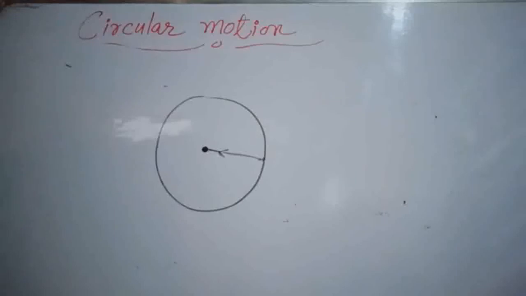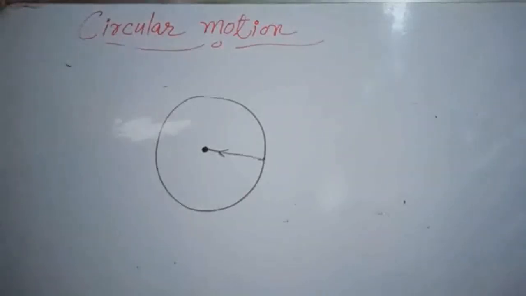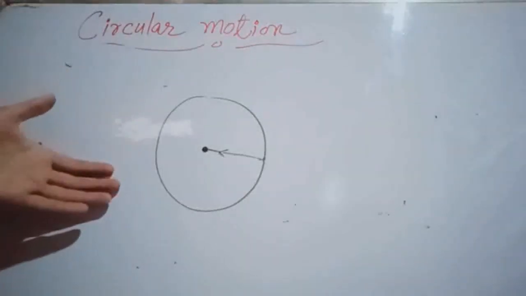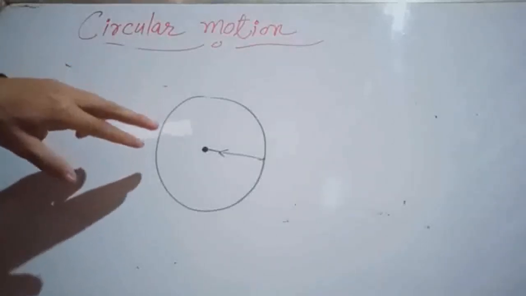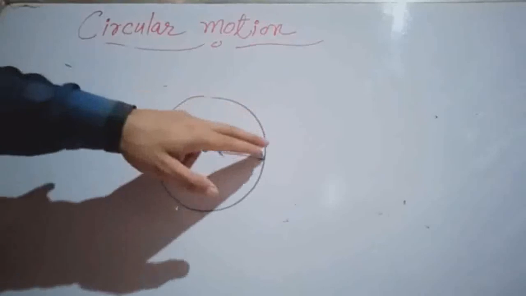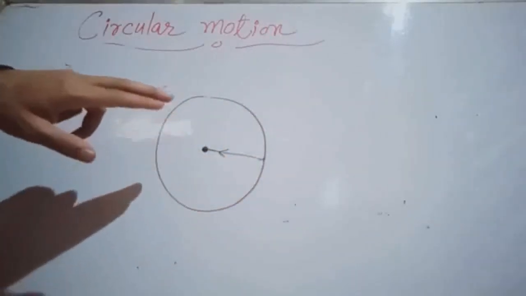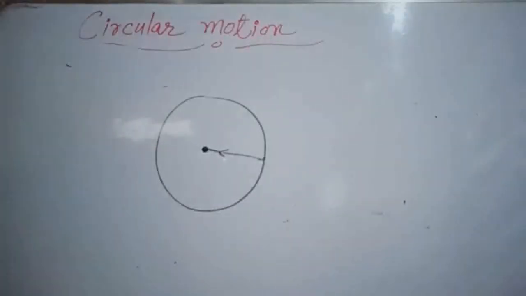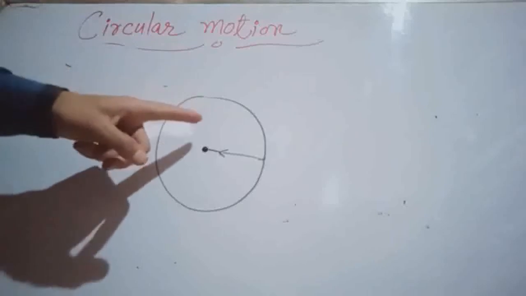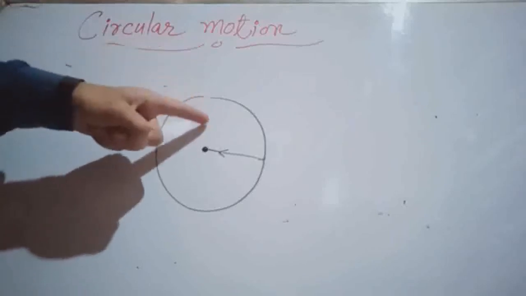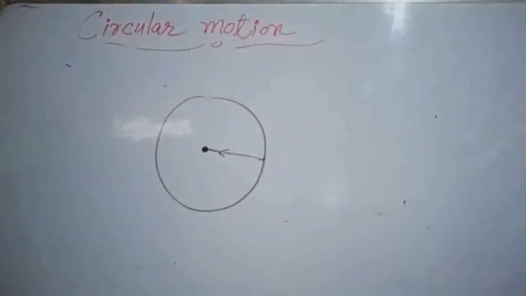It's a uniform motion, but it is also an accelerated motion. Accelerated uniform motion because of constant speed. The body is moving at a constant speed, but at the same time it is accelerated also, because of changing velocity. Because it changes the direction, it gets a change in velocity.